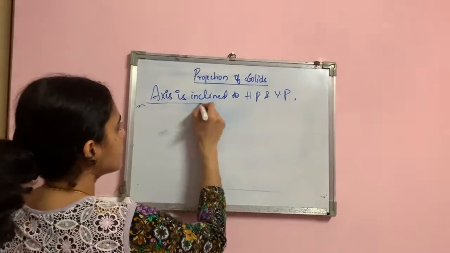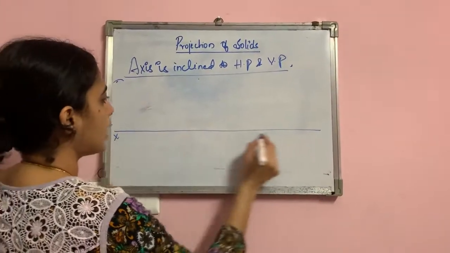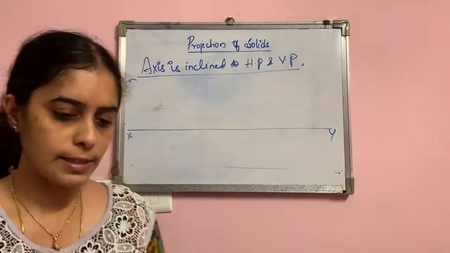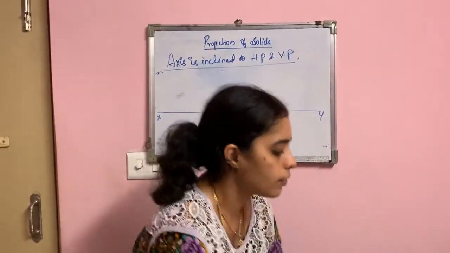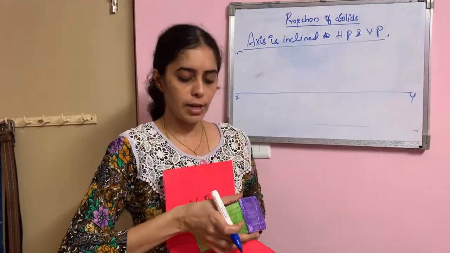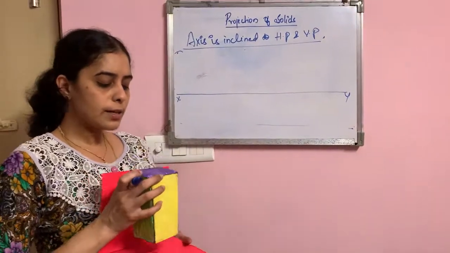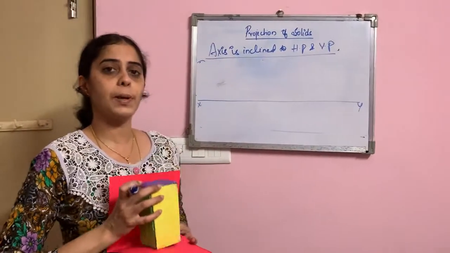So when the axis is inclined to HP and VP, in every problem we draw the XY line. If we consider a square prism, the axis is inclined to both HP and VP, it will be inclined at some angle to HP and at some angle to VP. But we always consider that in the first position the axis is perpendicular.